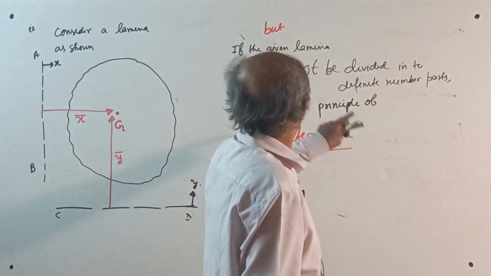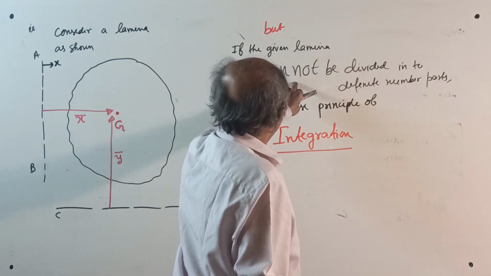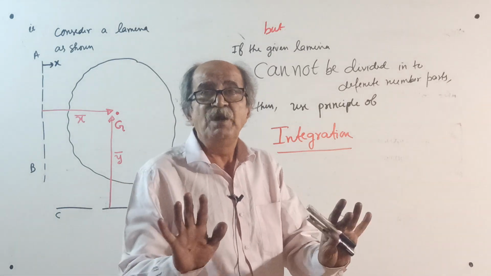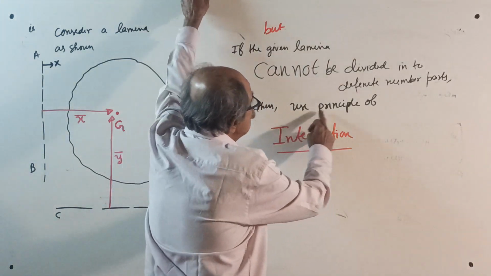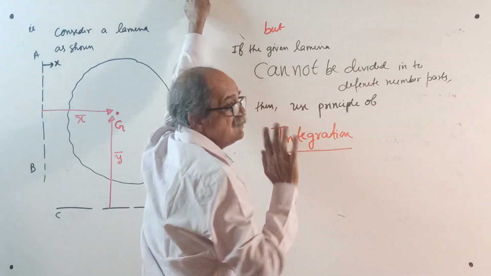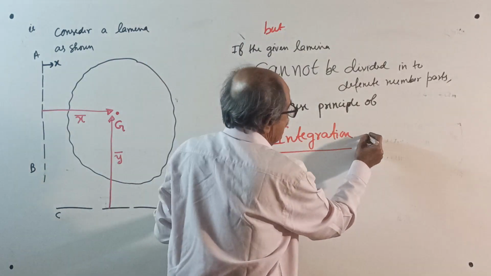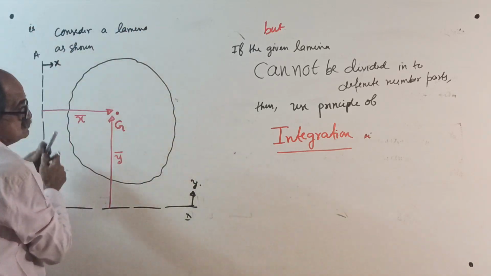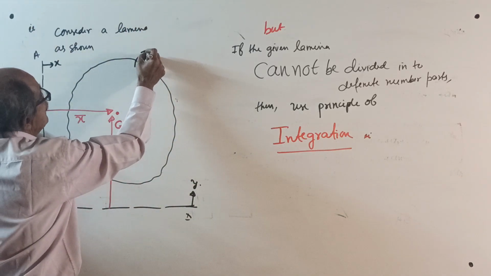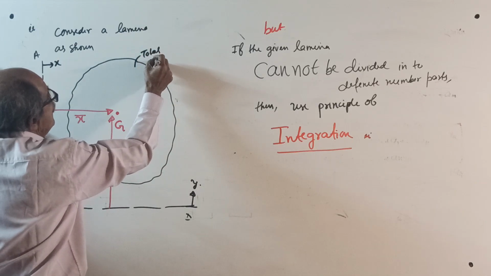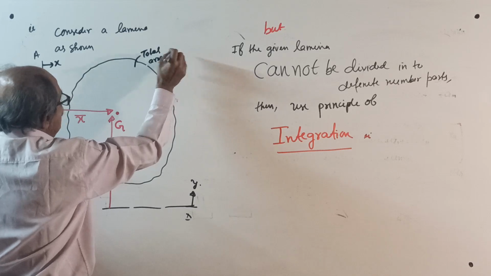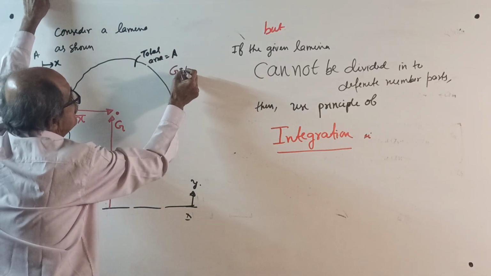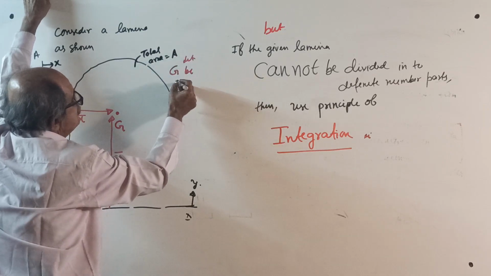But if the given lamina cannot be divided into a definite number of parts, why I will tell you later, then use the principle of integration. That is, consider a lamina as shown, total area capital A. Let G be the centroid.